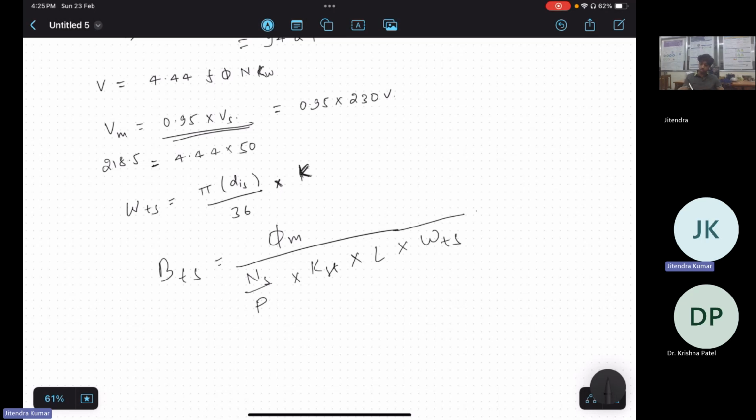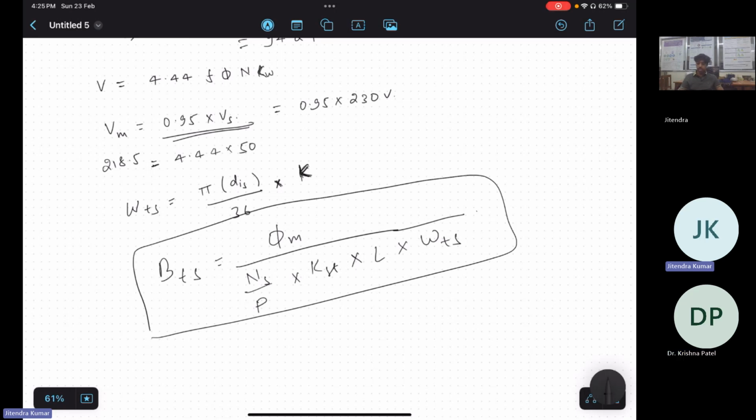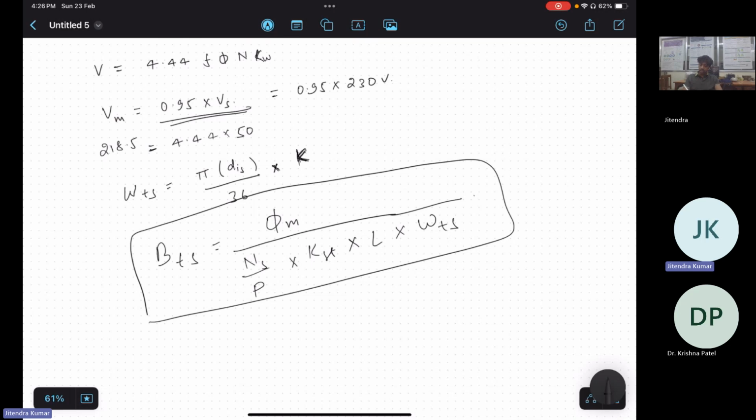This is the equation of flux density in the stator teeth. Similarly, the flux density level in the stator core is Φm divided by 2, because the flux is divided in two parts, into K stack into L into the depth of the yoke, DCO. Here WTS will not come into the picture. So this is the equation in terms of flux.